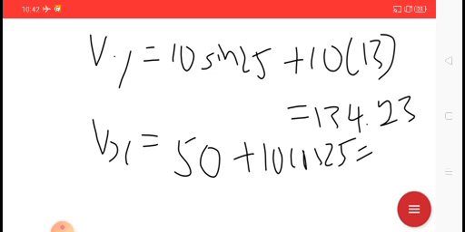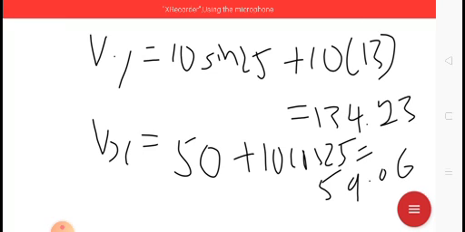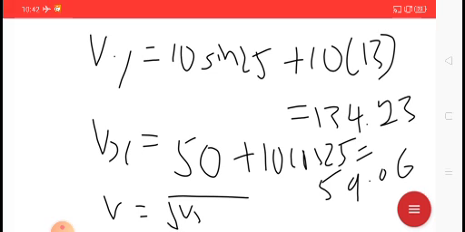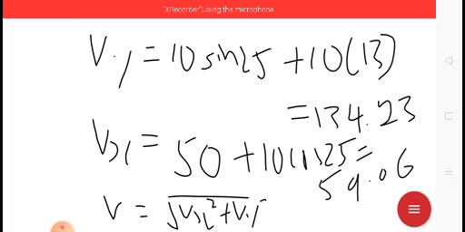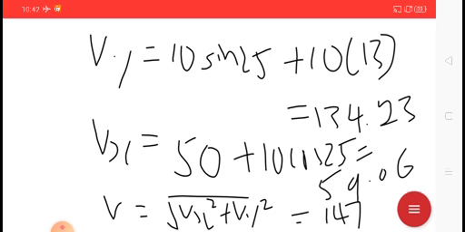So the horizontal velocity that you have is 59.06. Okay, this one you can put in exact value and directly put inside here. Right, so you will get 147 meters per second. This is the resultant speed.